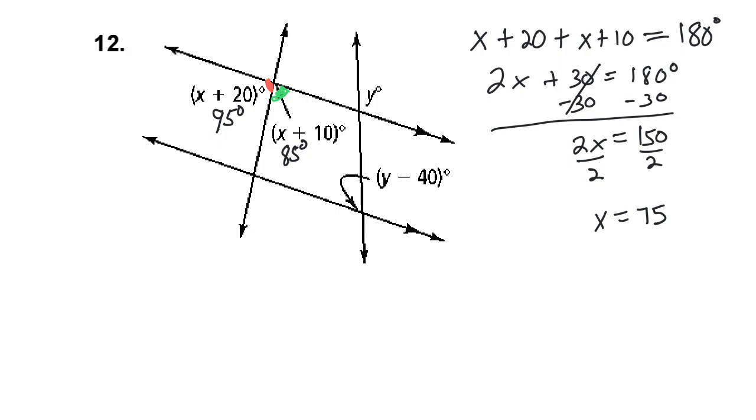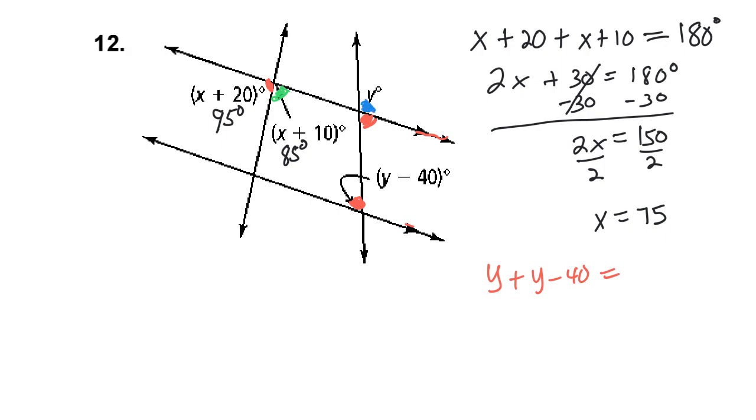Okay, this angle and this angle are congruent because these two lines are parallel and there's a transversal. So you see where the red angles are? And we know that y plus y minus 40, these two angles, and I'm going to use a different color, blue.